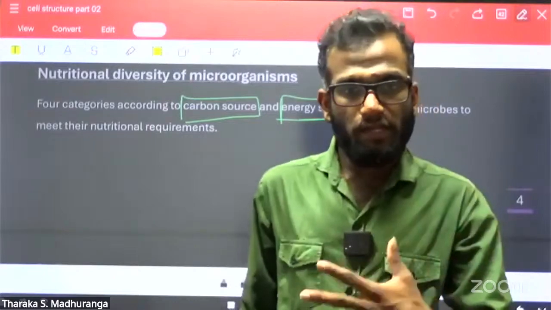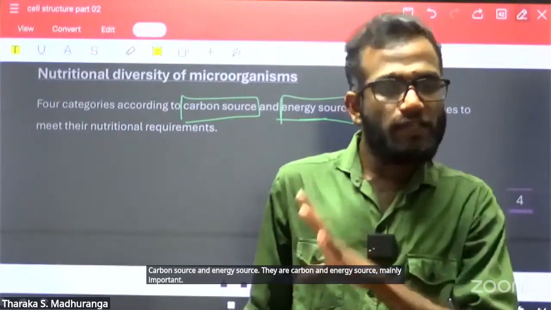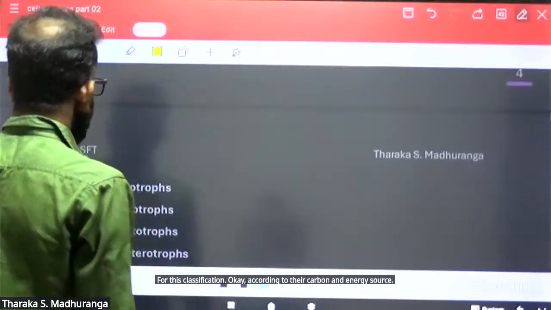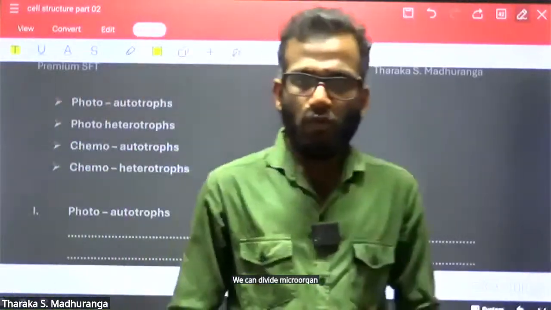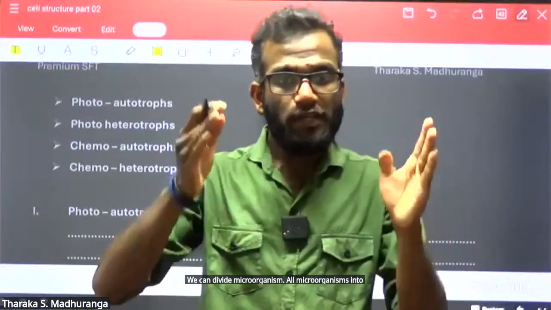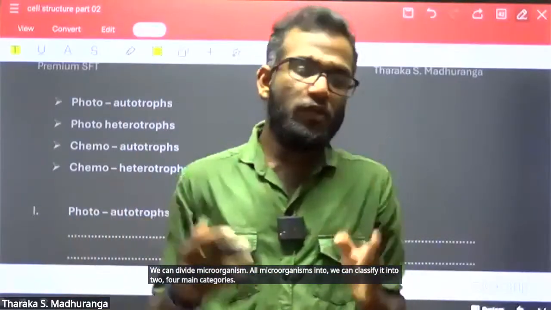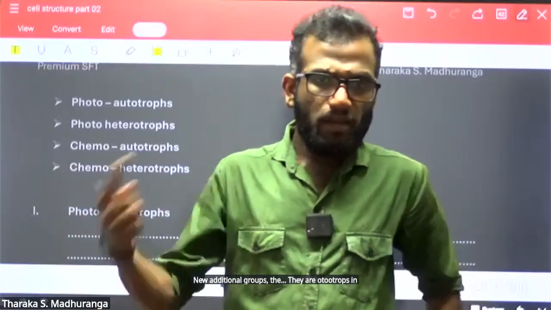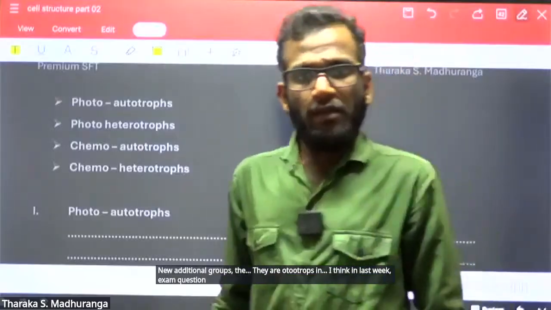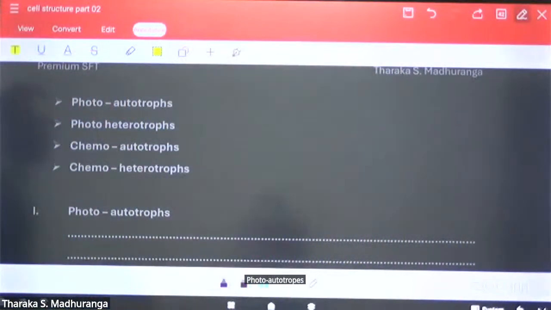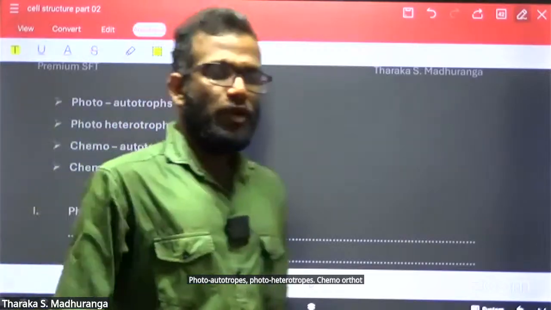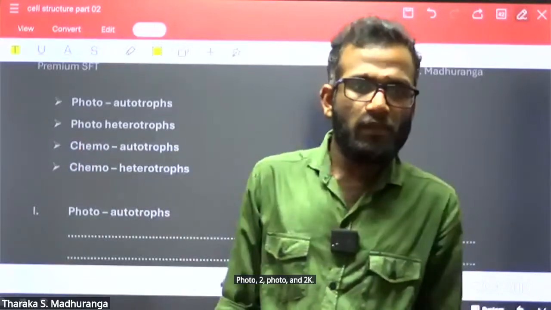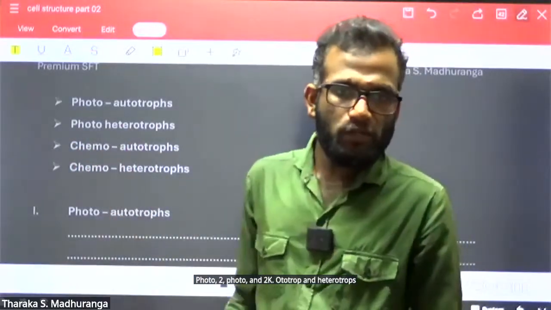According to these, we can classify them into four nutritional groups: photoautotrophs, photoheterotrophs, chemoautotrophs and chemoheterotrophs. Very simple to remember: two photo and two chemo, autotrophs and heterotrophs.